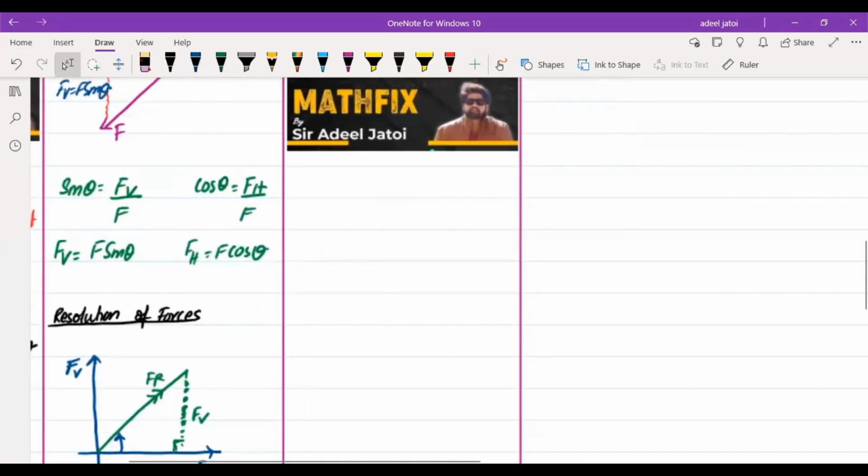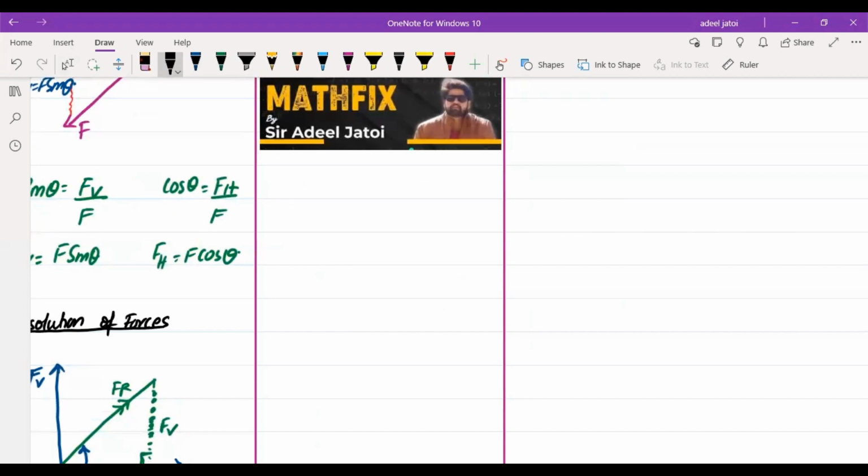Now let's work upon this one. This is your horizontal, this becomes your vertical, FH, FV, and there is a force towards the right-hand side. So this becomes FR.